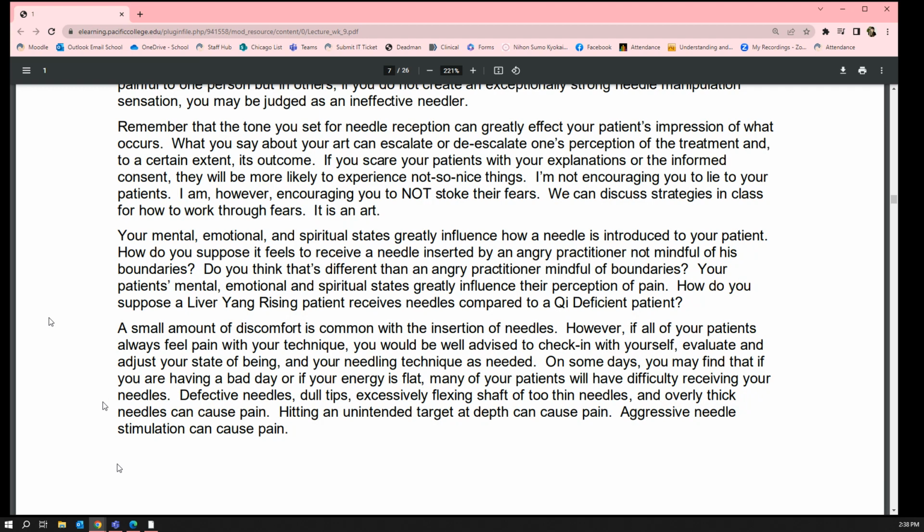But you should always be checking in with yourself as you are needling, asking yourself, why is this happening? Is this just the normal amount of small discomfort associated with a sharp object puncturing into the body? Or is this something that I am doing? So you want to evaluate your needle technique. That starts with your needles. Always continue to check in on your needles.